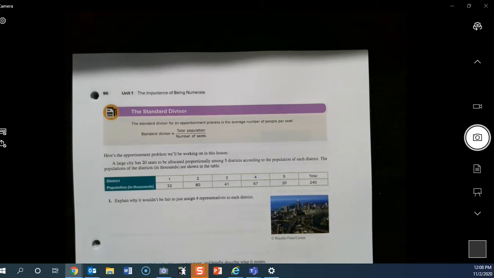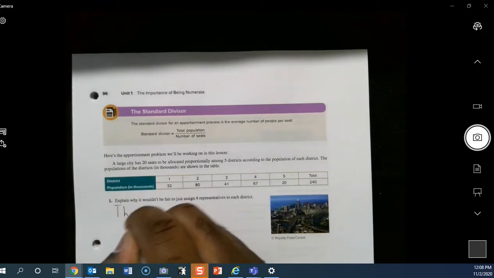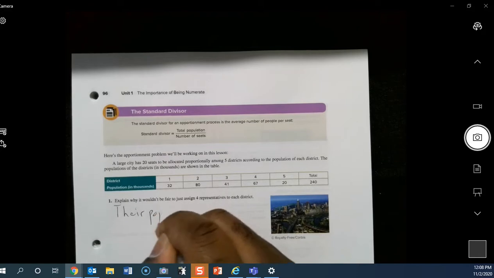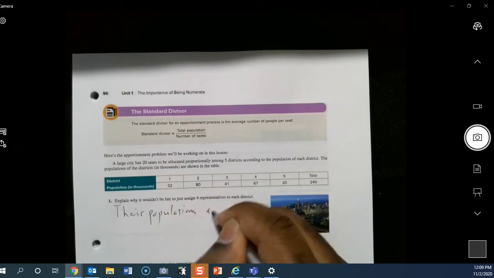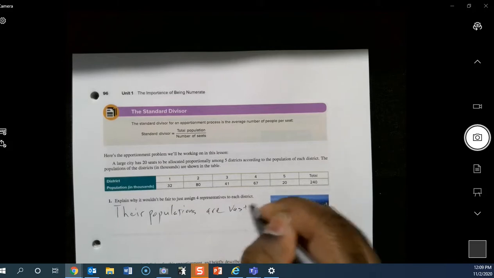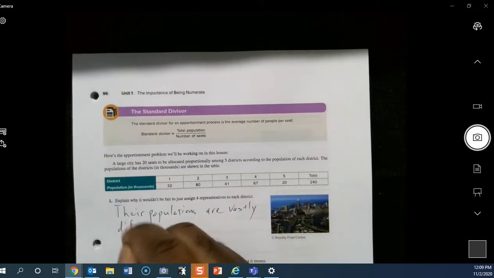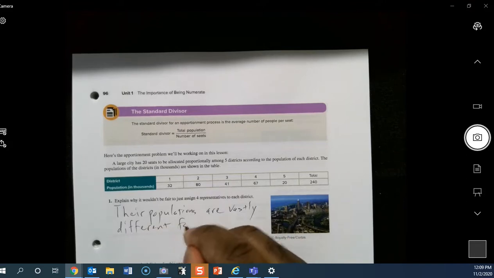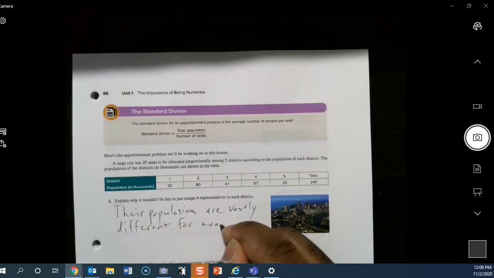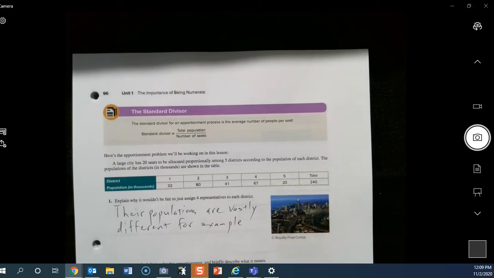And the reason is their populations are vastly different. For example, District 5 versus District 2.